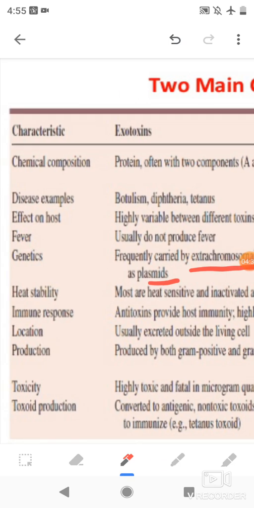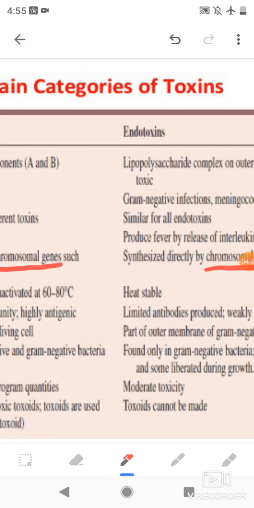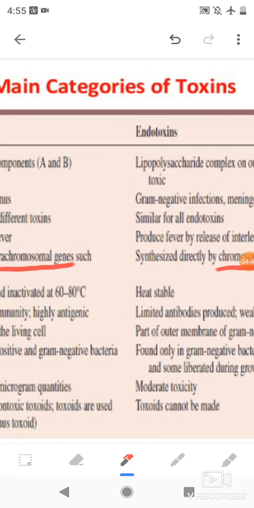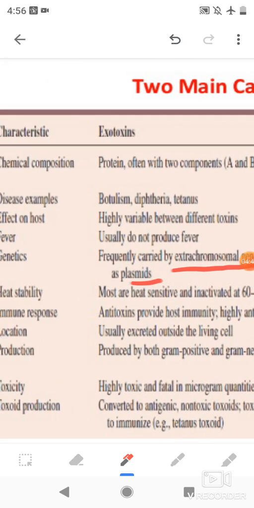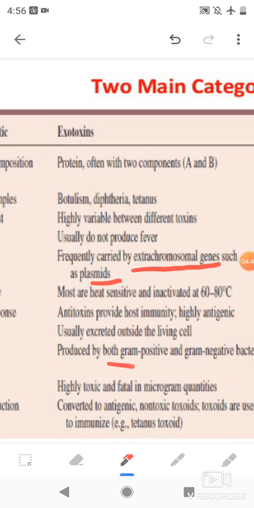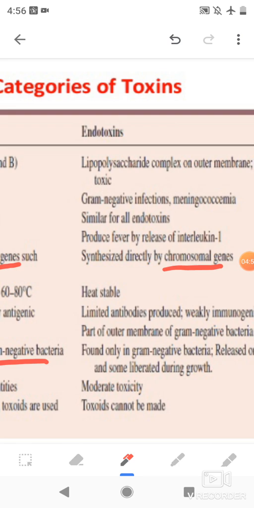Then about the location, exotoxin is usually excreted outside the living cell, and in case of endotoxin, it is part of the outer membrane of the gram-negative bacteria. Then about the production, exotoxins are produced by both gram-positive and gram-negative bacteria, but endotoxins are found only in gram-negative bacteria.